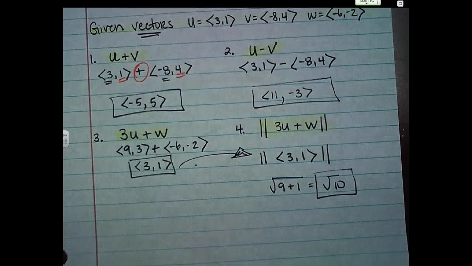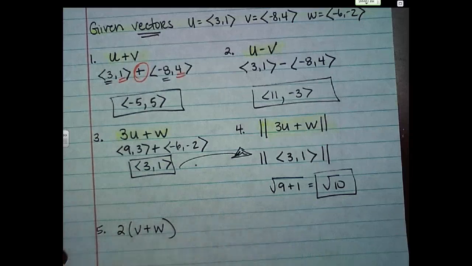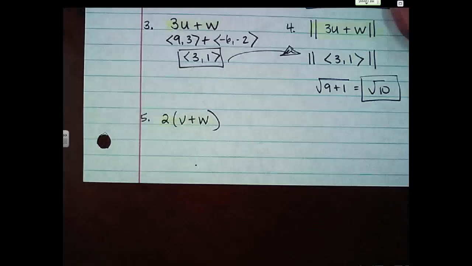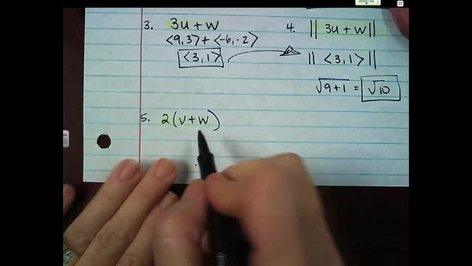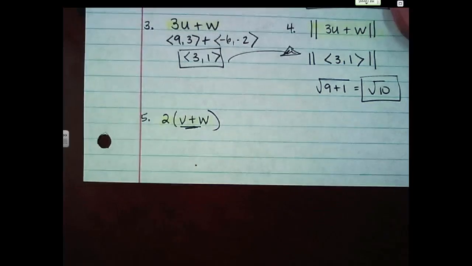Okay, try number 5. What if I asked for 2 times v plus w? 2 times v plus w. What do you think I'm going to do first, the inside or the outside? Just like an order of operations. You start inside here. Find v plus w first.